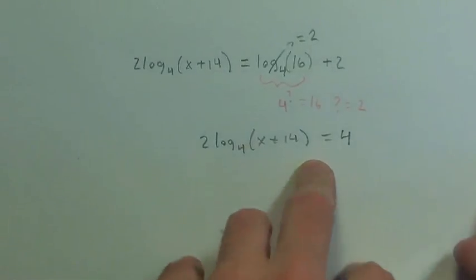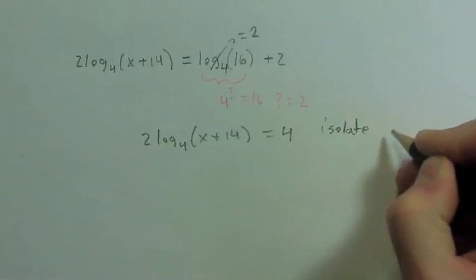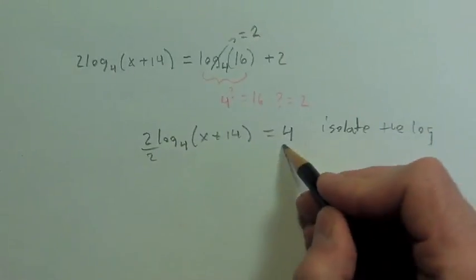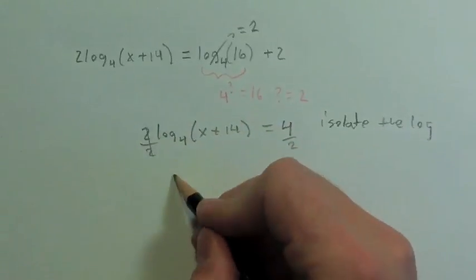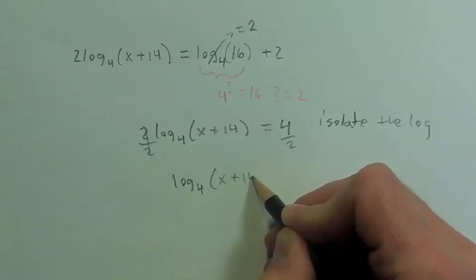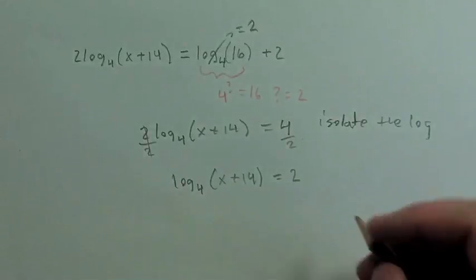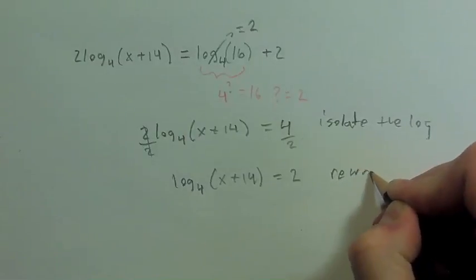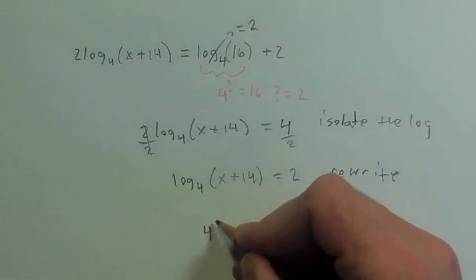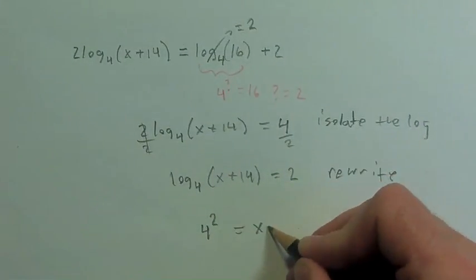And now we can isolate the log by dividing by 2. And so now I have log base 4 of x plus 14 is equal to 2. And now we can just rewrite as an exponential. Right, so my base is 4, my power is 2, my value is x plus 14.